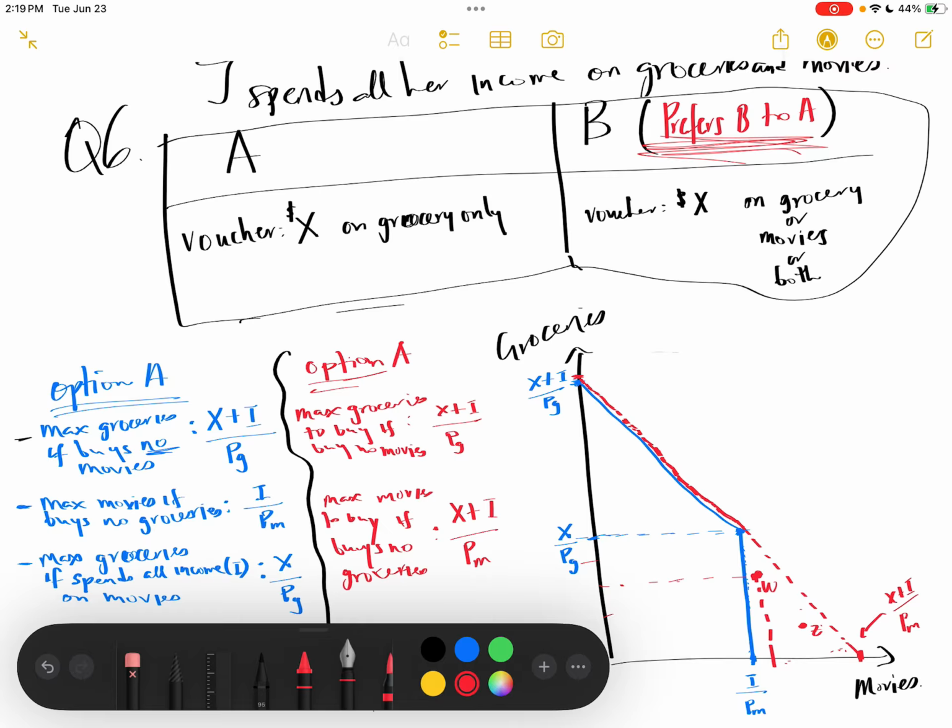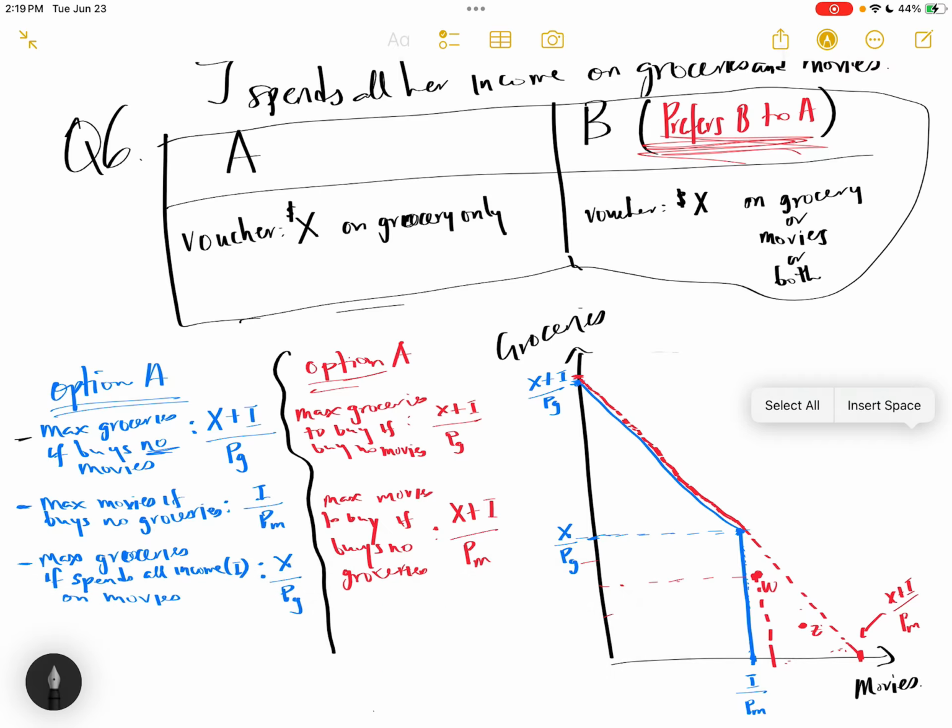Take another point Z. This time let me use black. At point Z, the individual is spending even less of the voucher X on groceries, and spending the extra on movies.